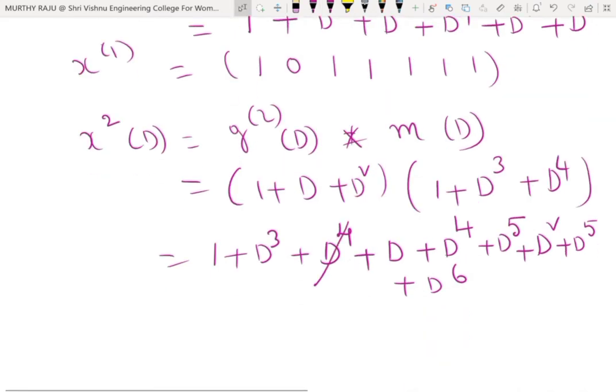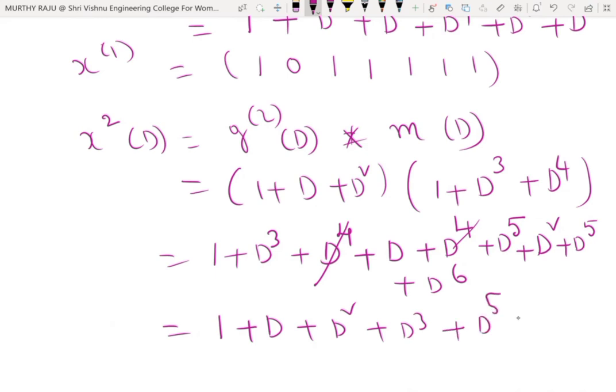These two are identical terms, they cancel each other. Therefore, 1 plus d plus d square term is there, d cube term is there, d power 4 term is absent, d power 5 and d power 5 cancel.